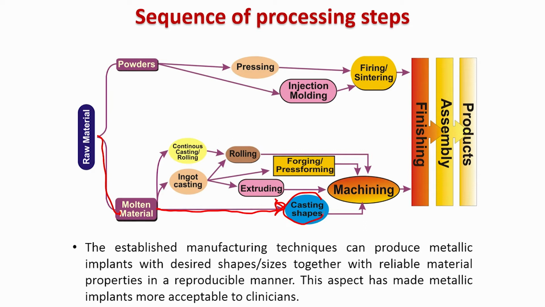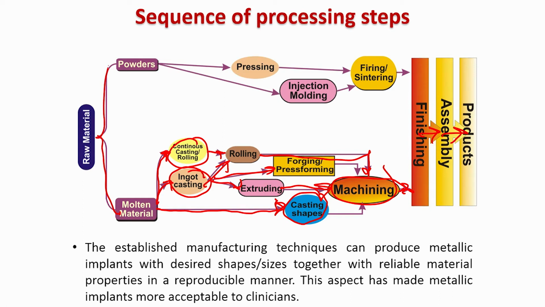So, it goes to castings and different shapes. It can go to conventional casting, or continuous casting or rolling. After it is rolled, it goes through machining. Or if it goes to ingot casting, then it can be extruded, forged, or rolled, and then after the extrusion again it will go to machining. After machining, all the finishing operations are done, then assembly, then products.